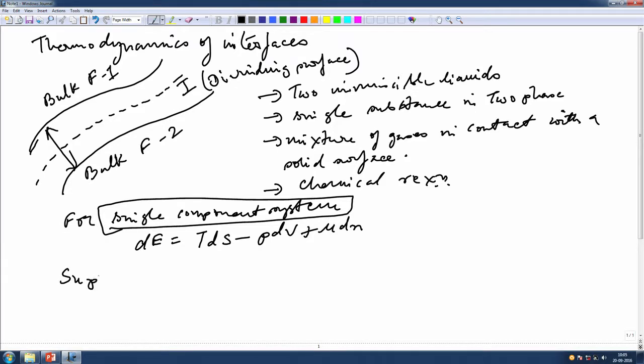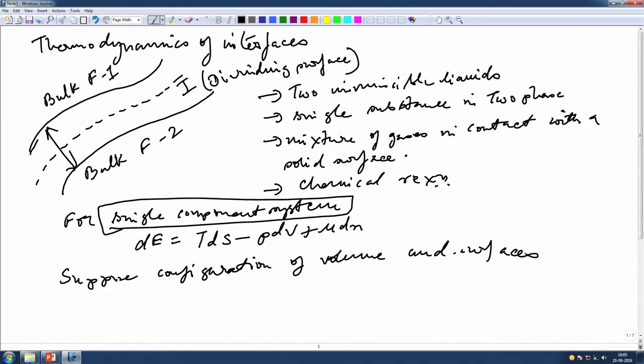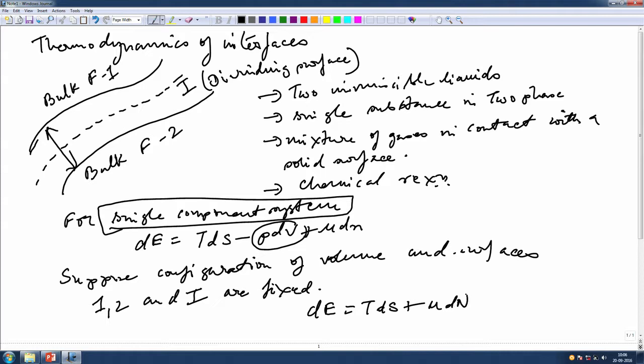So, let us put that assumption in. In that particular case, if the volume is fixed, this term basically goes to 0. So, that means this dE will now become TdS plus mu dN. Okay. So, let us go to the next page.